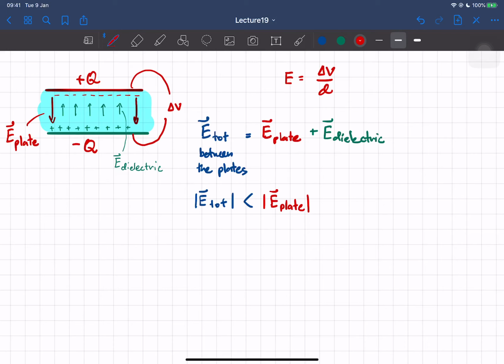So what happened in the end? When you put in the dielectric, a few things happen. First, the dielectric lowers the E field between the plate.